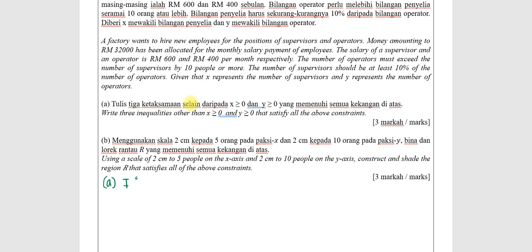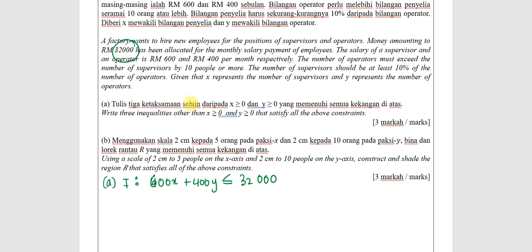The first inequality should be 600x plus 400y, less than or equal to, because we have an allocation and cannot go more than that maximum amount, 32,000.